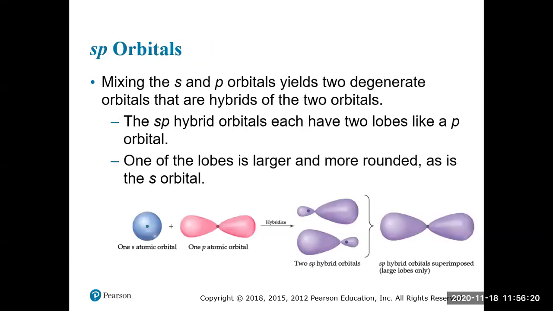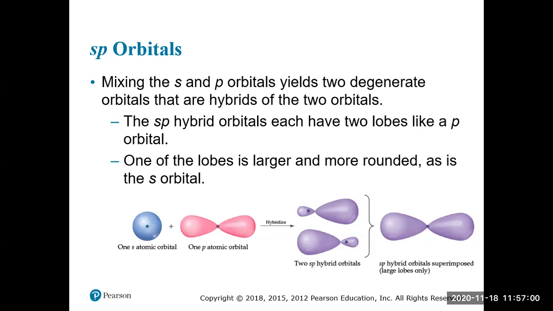Let's take a look at what this is visually. We said that if we mix the s and p orbitals to get this sp hybridization, we get two degenerate orbitals. Down at the bottom here, we have one s orbital, that's the sphere, and one p atomic orbital, that's the two lobes. If you add that s orbital to one of the lobes of the p orbital, we wind up getting this bigger looking lobe on the one side.